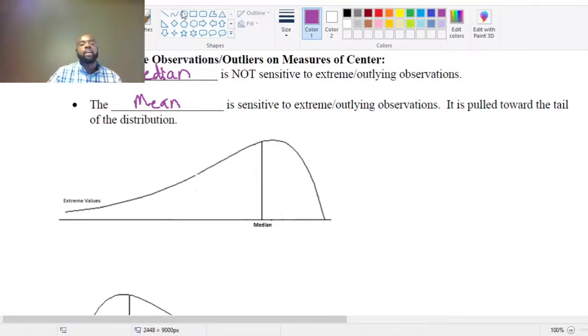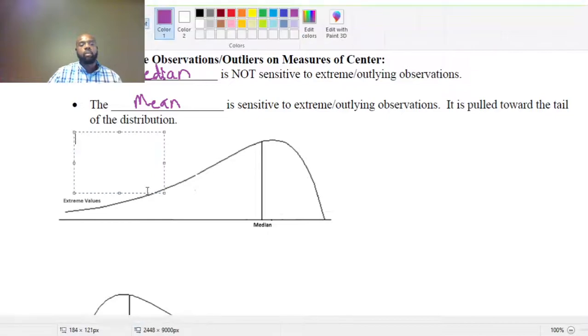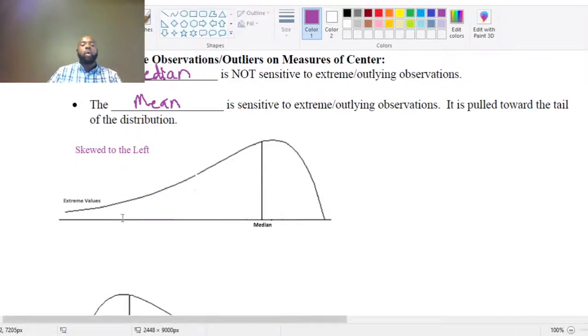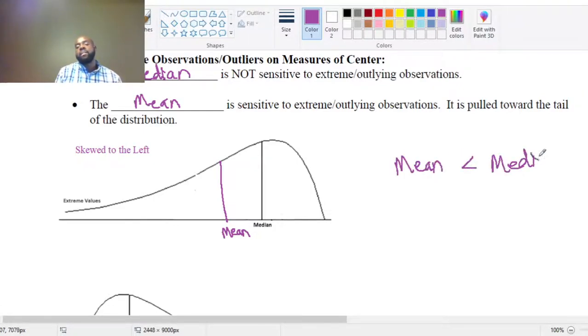This distribution here is skewed to the left, right? And so what's going to happen here is that my mean is going to be less than my median, because my extreme values always pull my mean toward the tail. And so my mean is going to be somewhere over here. And so in this distribution, my mean is going to be less than my median.